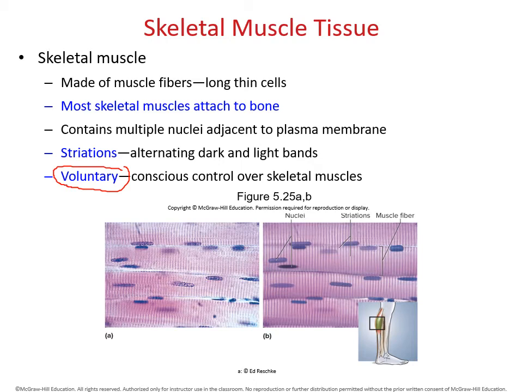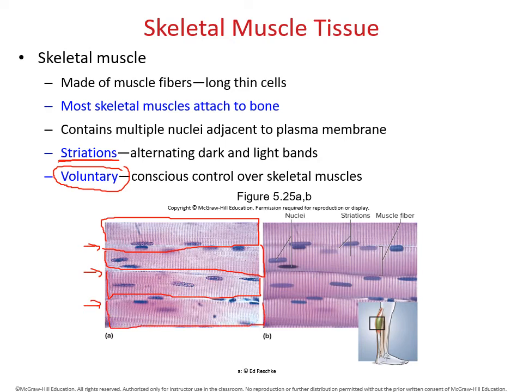When we take a look at it under the microscope, we also see that skeletal muscle is striated. And striated means that if I take a look at my muscle, the first thing I'm going to notice is that my muscle is composed of different fibers. So here's one fiber, here's one block, here's a second one, here's a third, and here's a fourth.